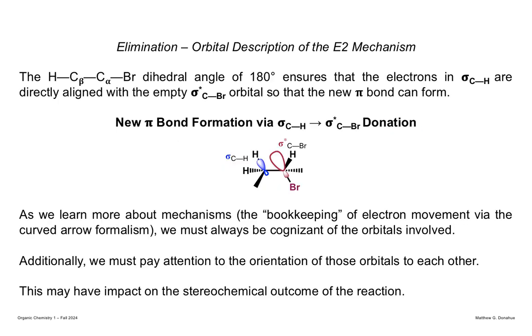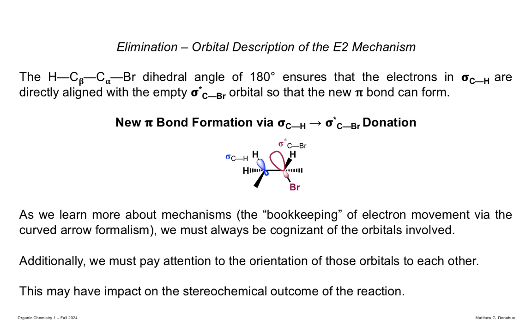So as I said, here's the orbital description. You have that carbon-H sigma bond, so those two electrons. When you have the anti-relationship between the H and the leaving group, the dihedral angle between those electrons and the anti-bonding orbital is 0.